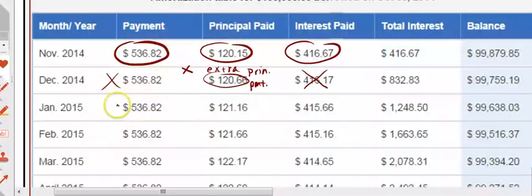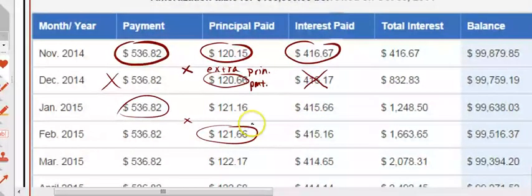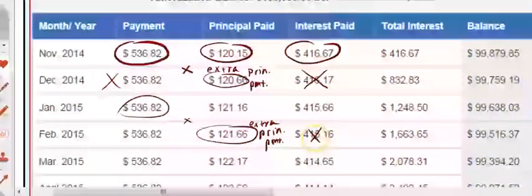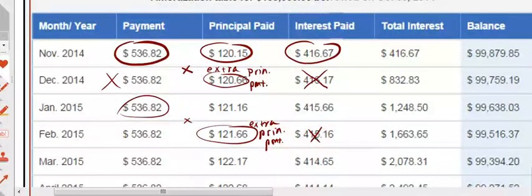So in December, you would be paying $536.82. Only $121 of that goes towards principal, and $415 goes towards interest. But if you make an extra principal payment of $121.66, you wipe out the $415.16 interest that would be part of next month's payment.